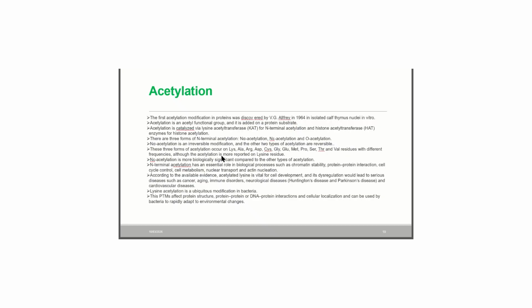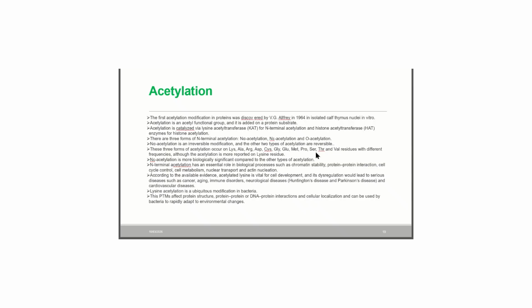The three forms of acetylation occur on lysine, alanine, arginine, asparagine, cysteine, glycine, glutamine, methionine, proline, serine, threonine and valine residues with different frequencies, although acetylation is more reported in lysine residues.